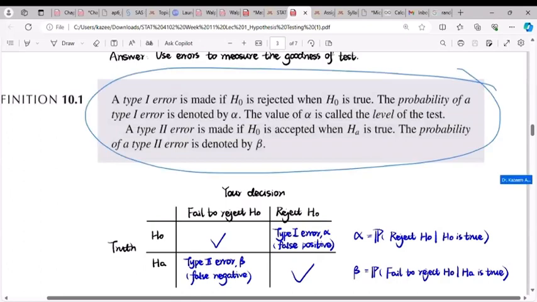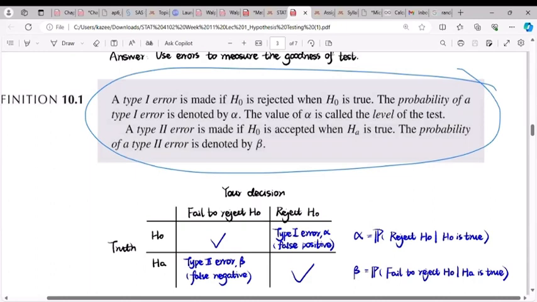What we normally want to do is to seek a way to minimize the type 1 and type 2 error. But what do we mean by type 1 error? Type 1 error is an error that is committed when the null hypothesis is true and you reject it. Rejecting the null hypothesis when it is true, that is what we call type 1 error.